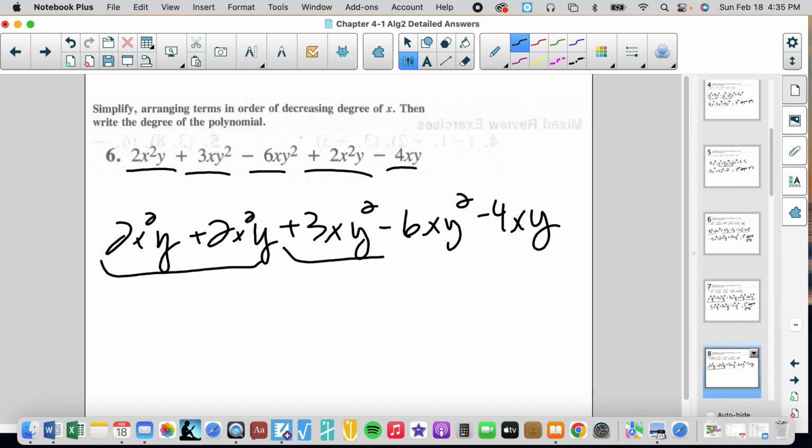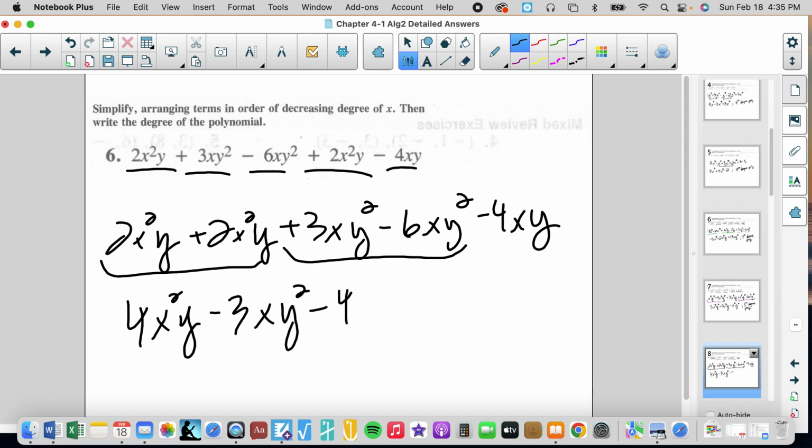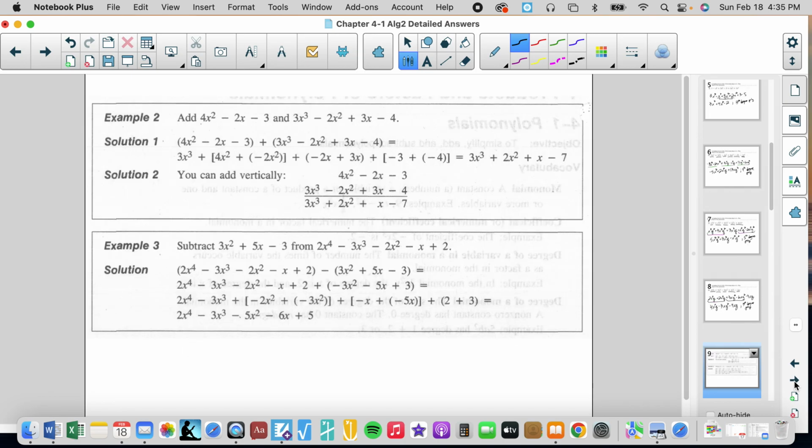Like terms here, combine coefficients: 4x squared y minus 3xy squared minus 4xy, and that's going to be a third degree polynomial. Let's make sure that's correct. 4x squared y minus 3xy squared minus 4xy. Yes. Perfect.